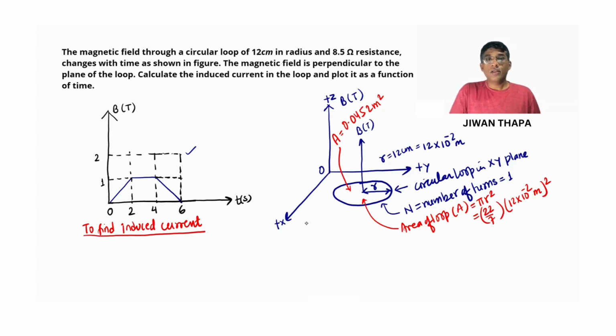Next, when we look into this question, we have a coil or loop having resistance. Its resistance R equals 8.5 ohm. So this is to be noted. Clear?